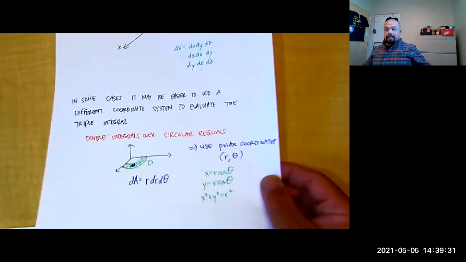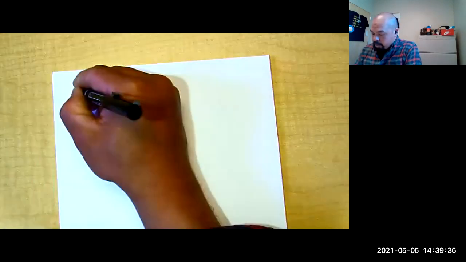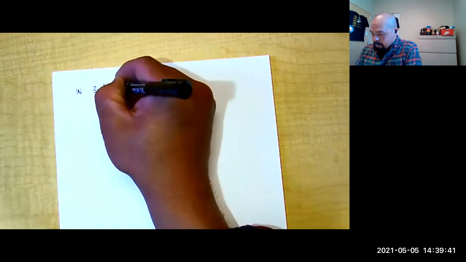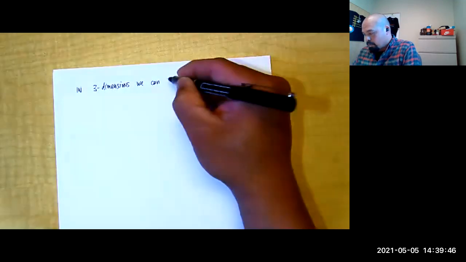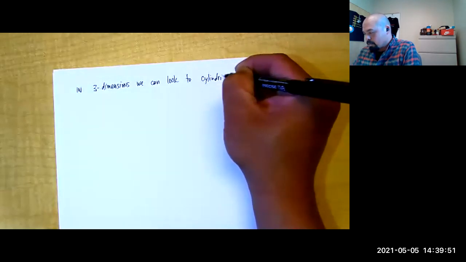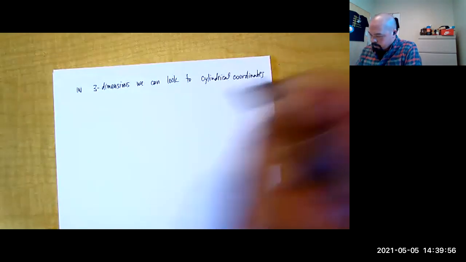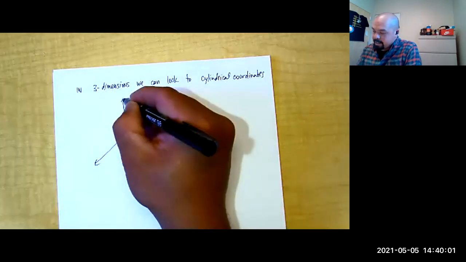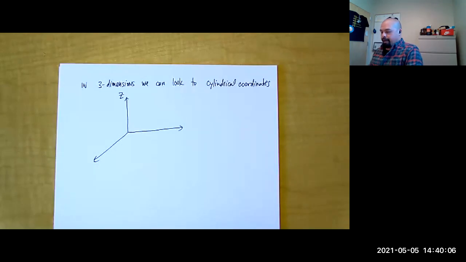So with that said, in 3 dimensions, we can look to the cylindrical coordinates, where we're going to maintain that z axis, that z direction.